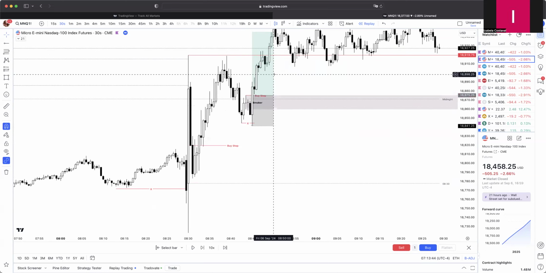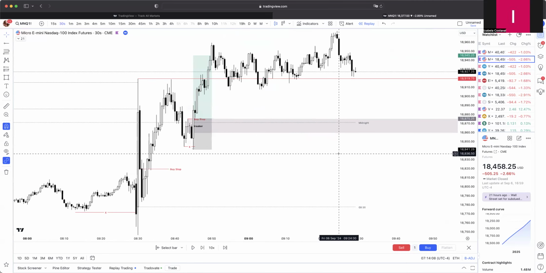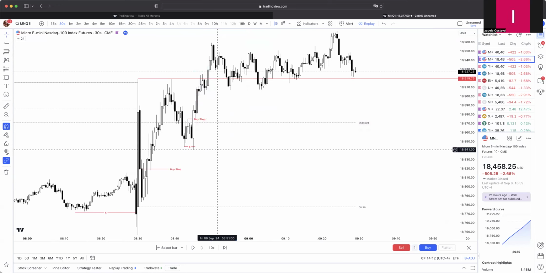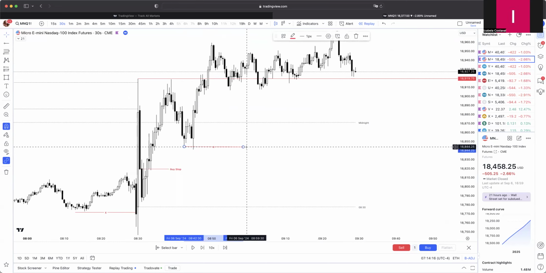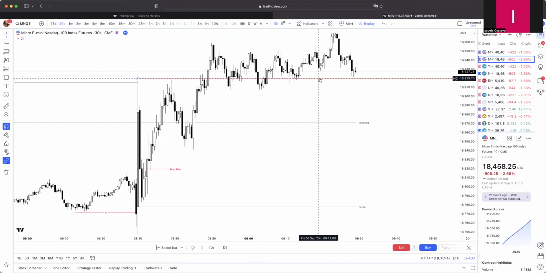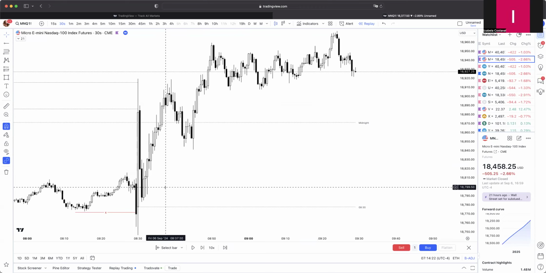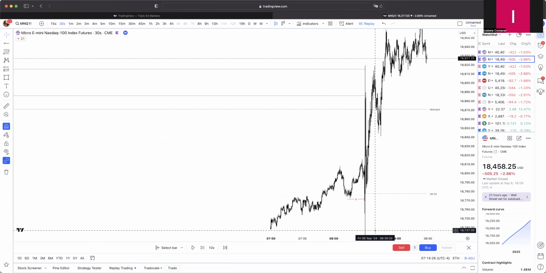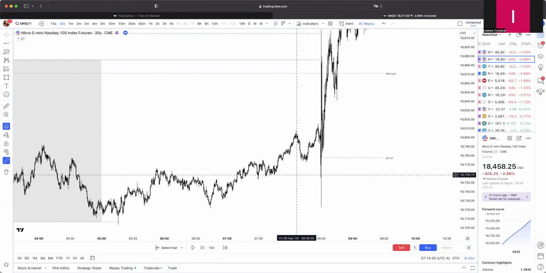So what else? Yeah, and how would you have caught this sell? Because we did start making a market maker sell model after the fact. So if you think like a market maker, right? We wiped all buy side liquidity after news release.